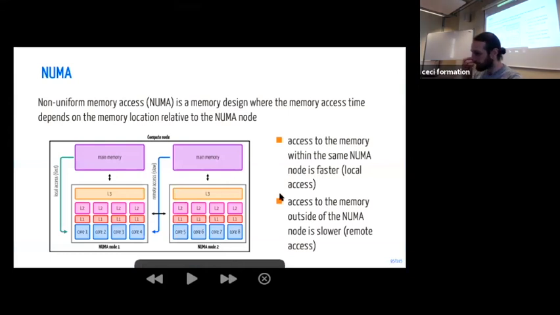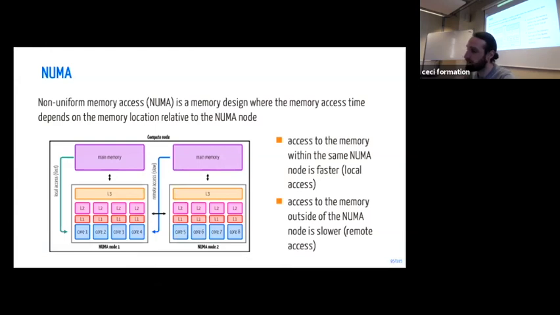So what is NUMA? NUMA is non-uniform memory access. And this is the memory design that is used in most HPC hardware today. Basically, the access time depends on the memory location relative to the NUMA node.